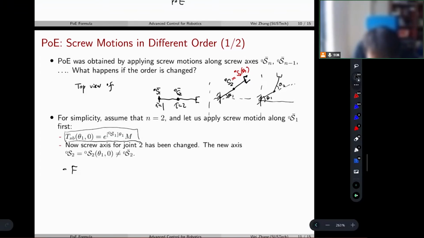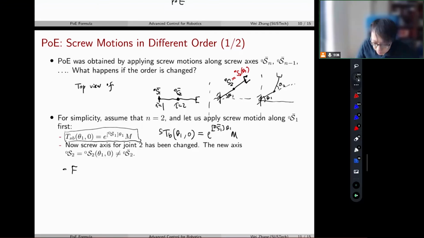T of B in the inertial frame, or fixed frame, after you rotate about the first axis by theta 1 and keep the second joint still at 0, means you apply a screw motion. That's fine, right? The screw motion is e to the S1 bar 0 theta 1 times M. I think this is fine.